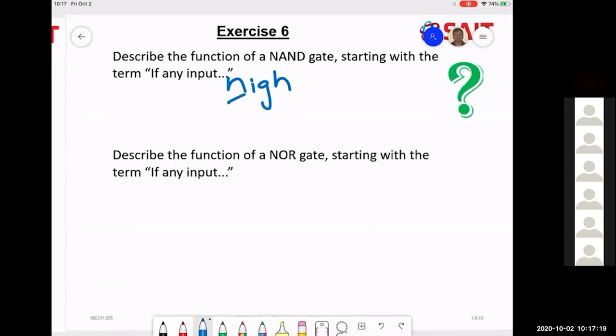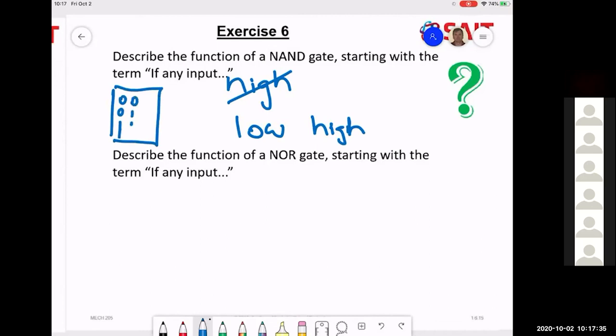Well, that doesn't work. We need to have, if any input is low, the output will be high. Going back to our truth table, if any input was low, our output was high for our NAND gate.